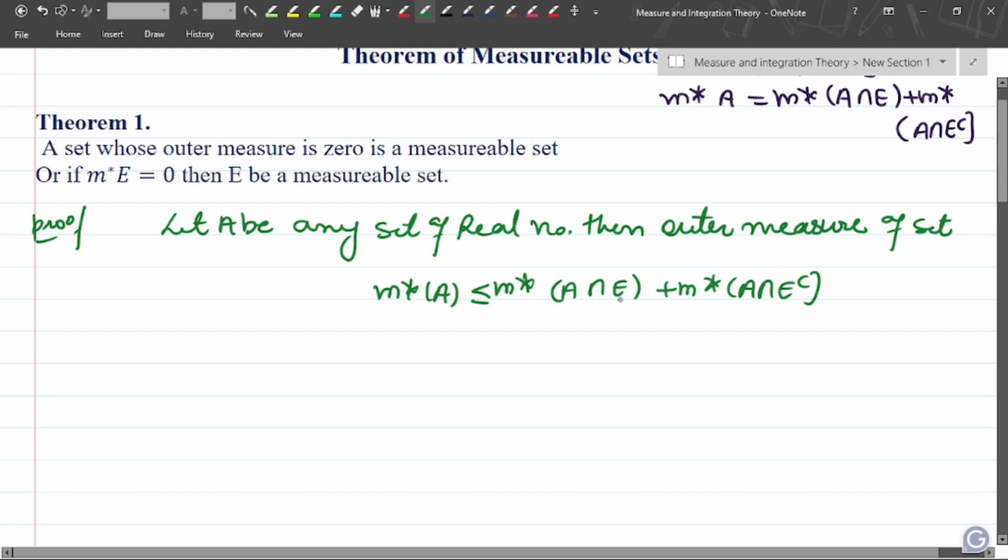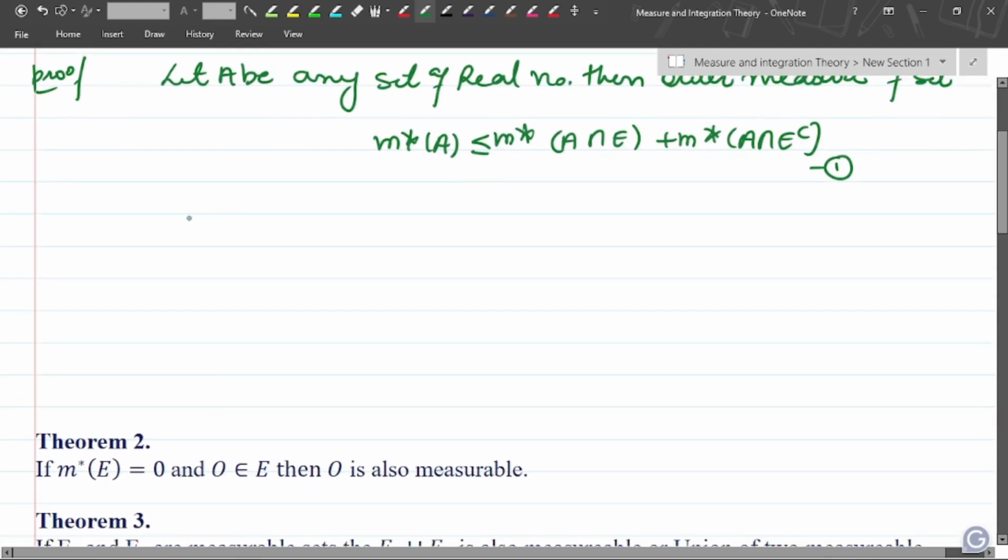So in this way we have this equation number 1. Also, A intersection E is a subset of E, and A intersection E complement is a subset of A. Obviously, because the intersection with the complement is nothing but A.